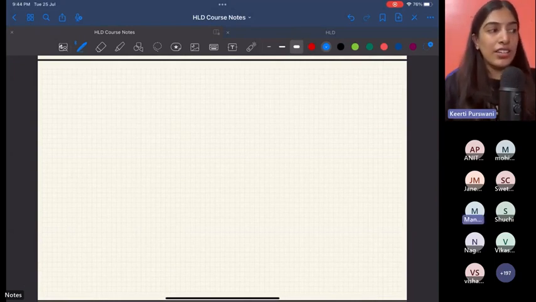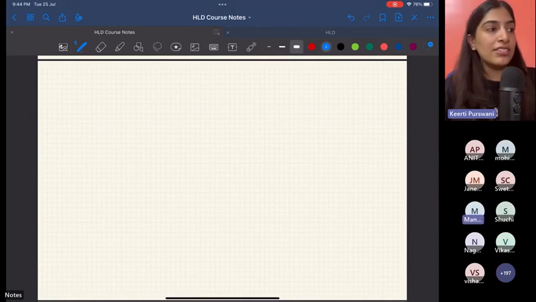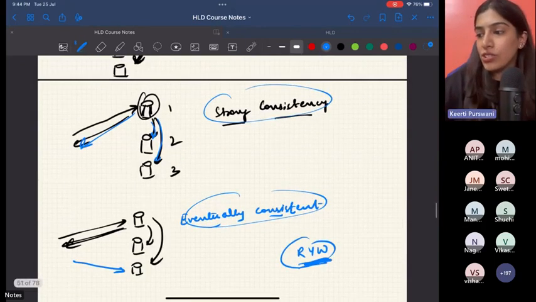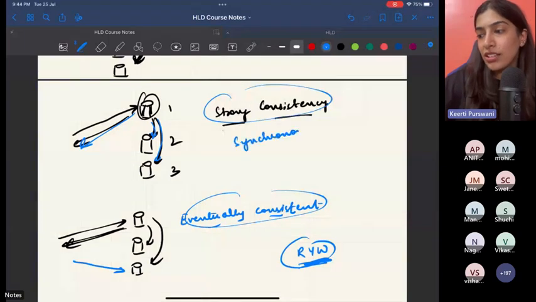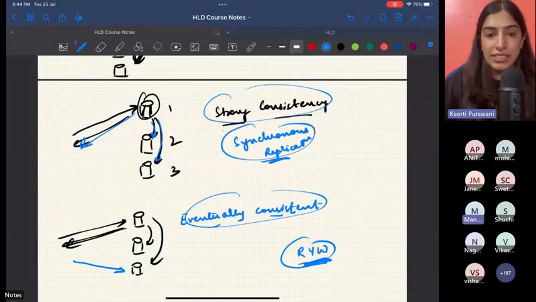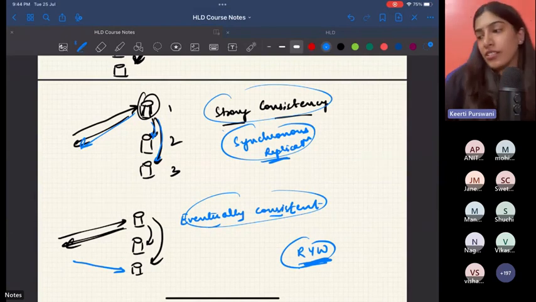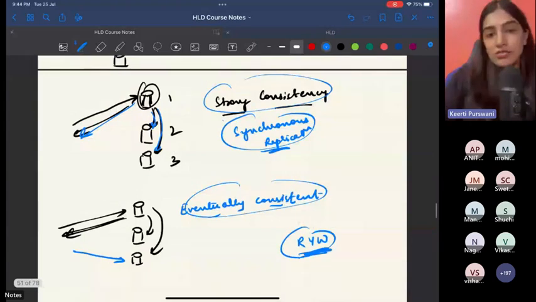Okay, so we discussed that we can have strong consistency. How? By having synchronous replication. I also want you to get used to all the words. Synchronous replication is one way to make sure that strong consistency is served. We said that we want our databases to be strongly consistent, and it makes sense, right?